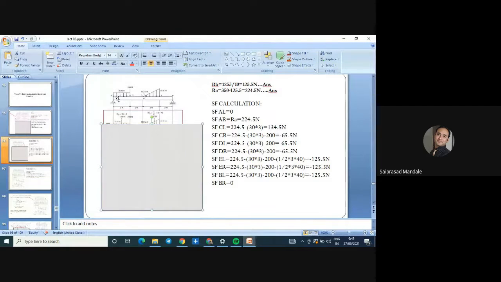What is the pattern of drawing a shear force diagram if there is a UDL? What type of lines are there? Is it a straight line, a vertical line, a horizontal line, an inclined line, or a cubic curve, parabolic curve? Which type of pattern can we observe when there is a UDL?